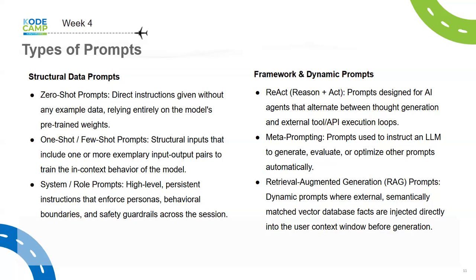So that additional data helps the large language model to reason about that data. Instead of hallucinating or coming up with things that don't exist, it will look at what you have given it and use that to generate its responses.